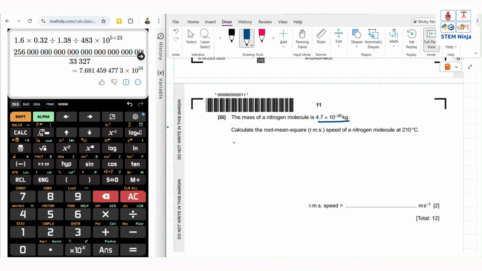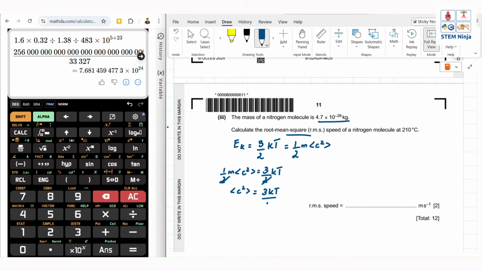Okay, so this has to do with the kinetic energy principle. That is 3 over 2 kT. And since we are finding the root mean square or mean square, this is going to be equal to half m mean squared speed. So basically the 2 and 2 get cancelled, so half m c squared equals 3 by 2 kT. 2 and 2 get cancelled, so c squared would be equal to 3 kT over mass.